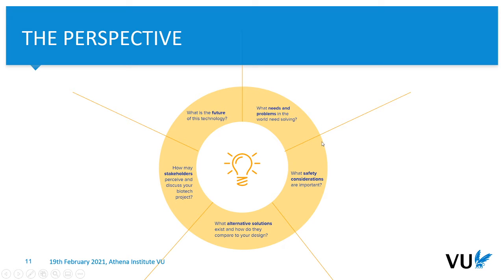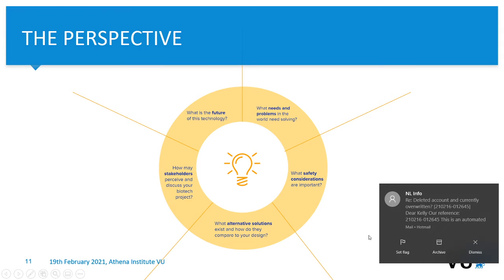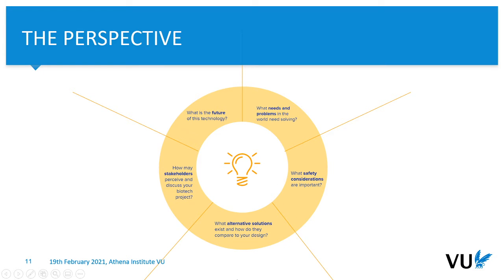Namely, what needs and problems in the world need solving, what safety considerations are important, what alternative solutions exist and how do they compare to your design, how may stakeholders perceive and discuss your biotech project, and of course, what is the future of this technology? What may happen in the future?